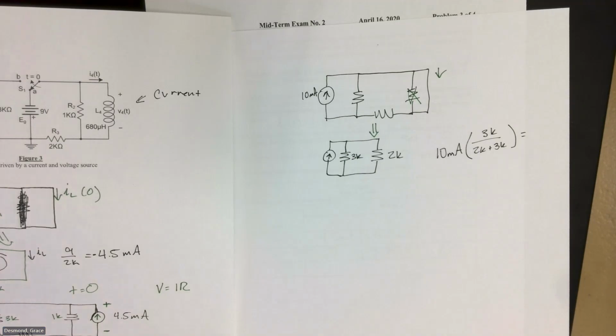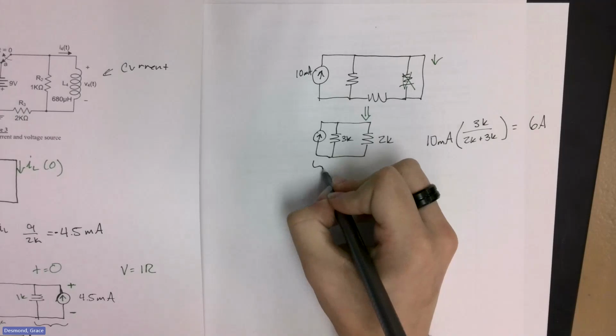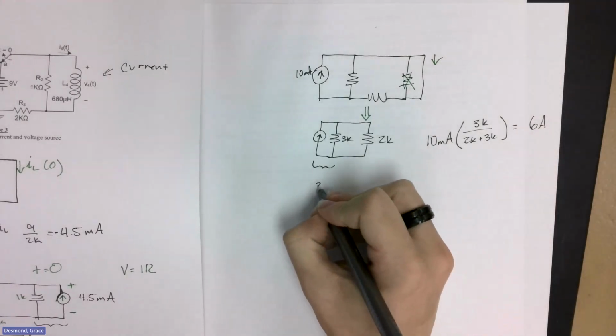Yeah, 6 amps. And if we did it the other way, if we transformed this, we already said it's 30 volts.